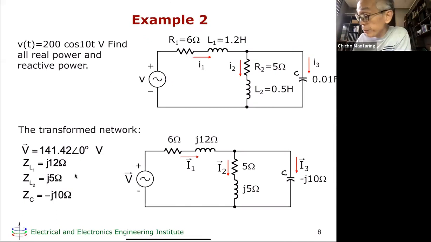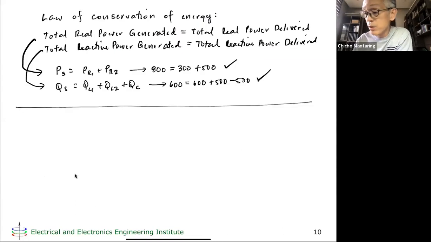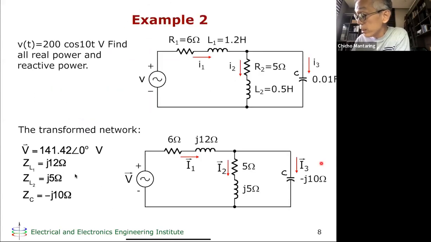Now, what's nice with this example is if you take out this capacitor, if you remove the capacitor, you're going to notice that I1 will increase.